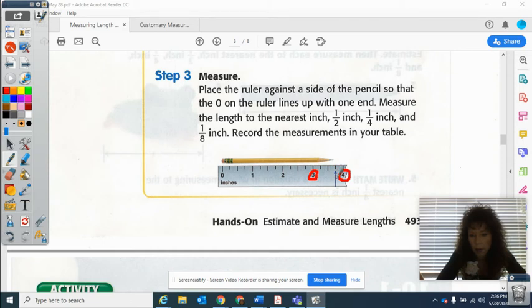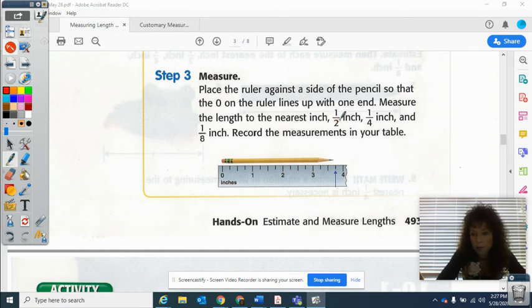So does this line right here look like it's closer to 3 or closer to 4? Well, I would say it's closer to 4. So if we're measuring to the nearest whole inch, it's closest to 4 inches. Yeah? Okay.